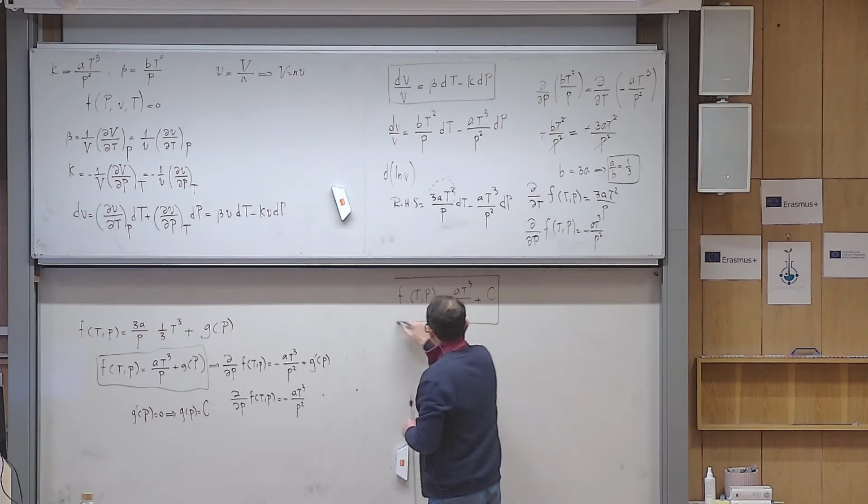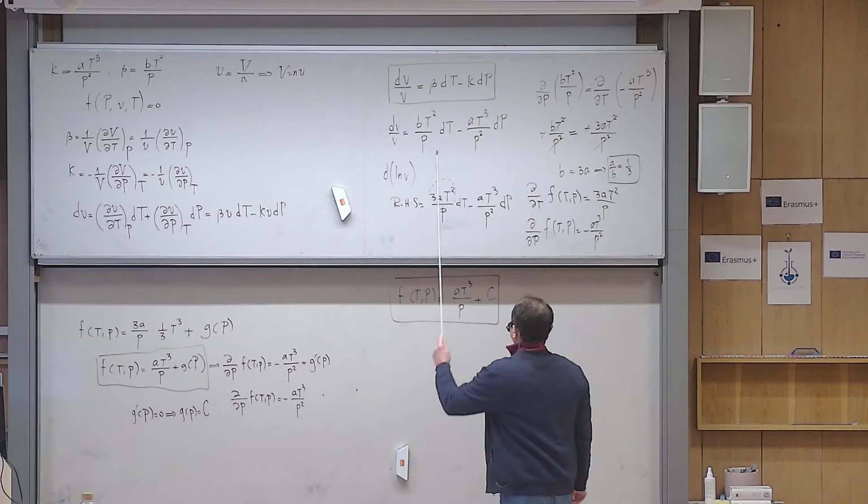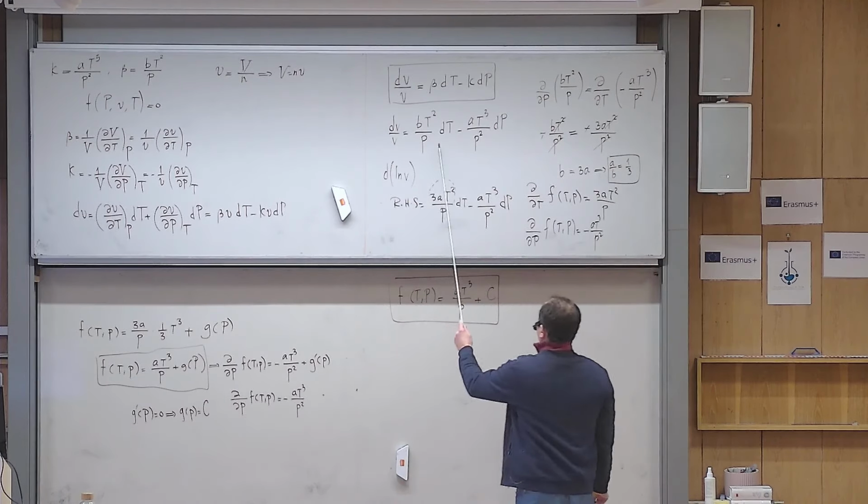So now that I wrote it in that way, is the right-hand side an exact differential? The answer is yes. The differential of which function? Of this function. Okay, so the left-hand side is the differential of ln of v. The right-hand side can also be viewed as the differential of this quantity, yes?